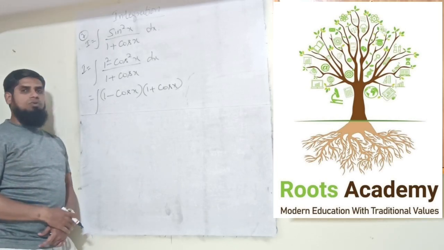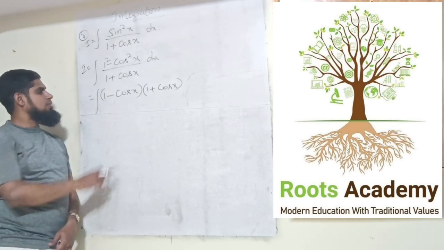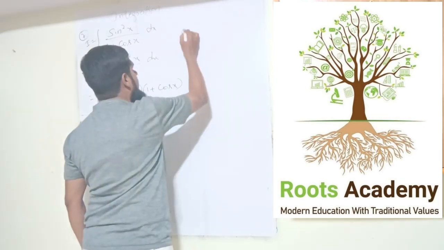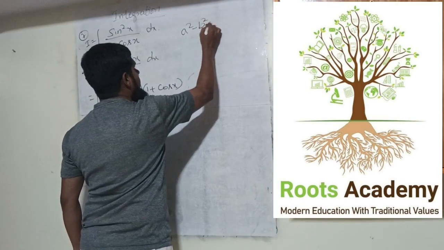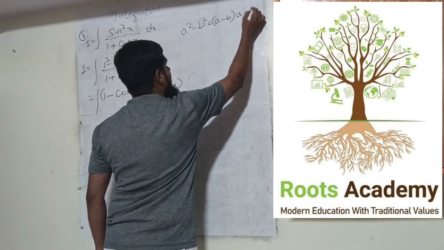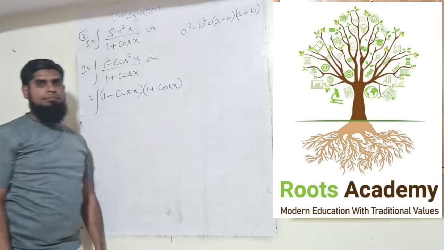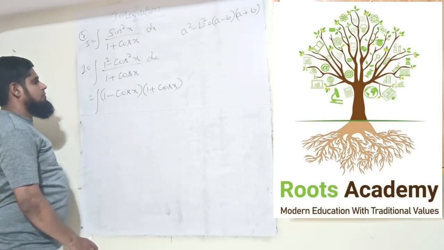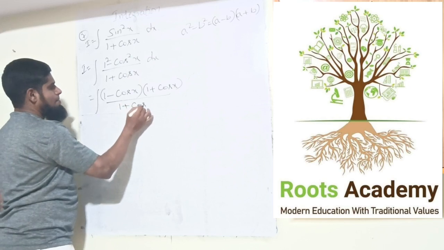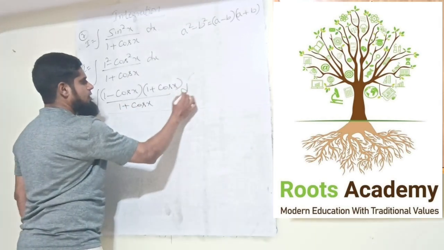That is a square minus b square can be written as a minus b, a plus b. This is the identity applied. Denominator is same, no changes, 1 plus cos x, of course dx is there here.